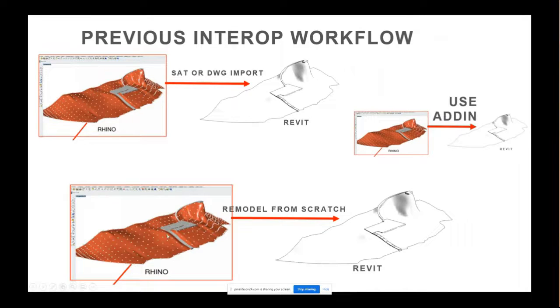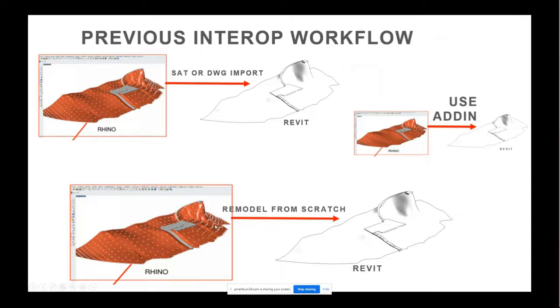For example, if you had parking in your Rhino model and you wanted to bring that into Revit, well, what is it? Is it a floor? Is it a roof? Is it an SAT import? What kind of material does it have? What category am I going to put it on? Because Revit is a BIM software, it needs intelligent information behind it, and that information needs to be given by the user.